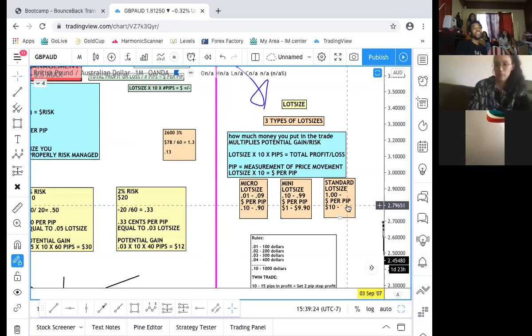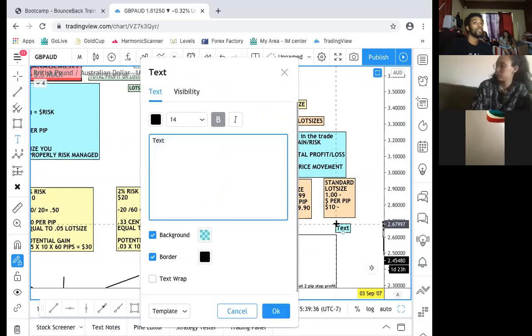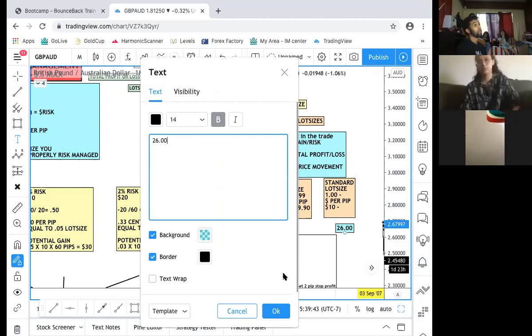So Cecilia, if I have a 26.0 lot size, how much will that be per pip? I'm confused.